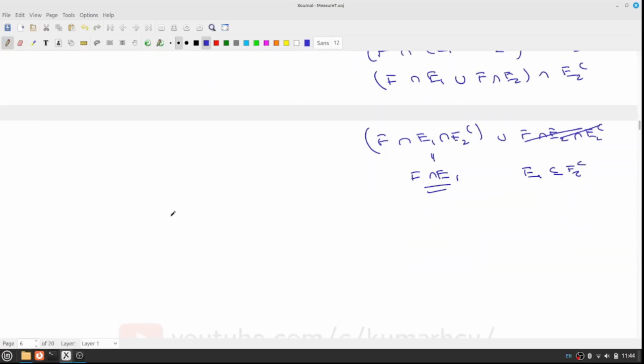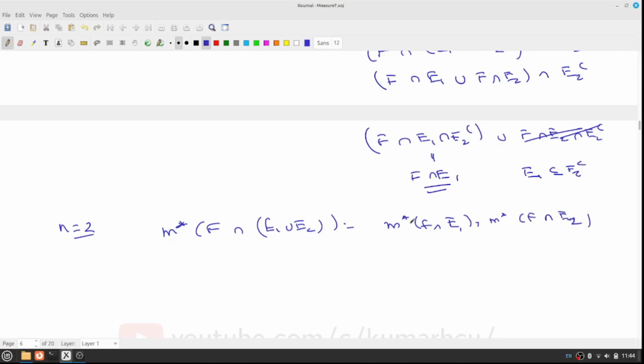So we have proved the result for n equal to 2. What have we proved? m star of F intersection E1 union E2 is m star of F intersection E1 plus m star of F intersection E2. So what is the assumption here? These are measurable and pairwise disjoint.